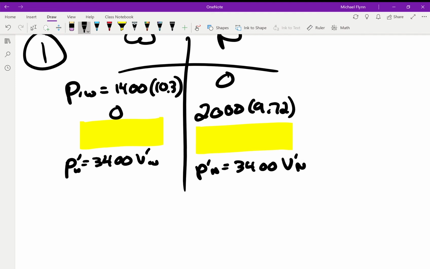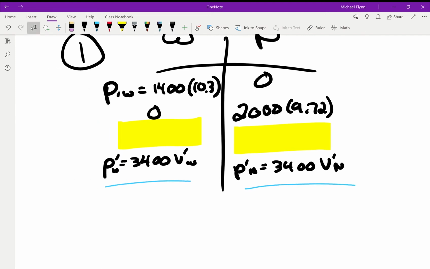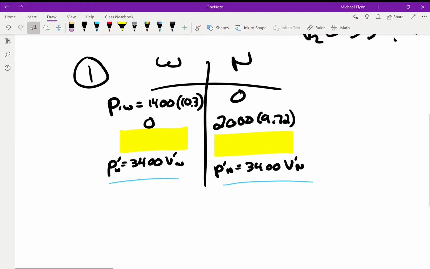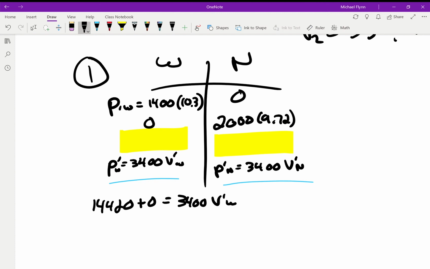Once we've done this, we're going to use our conservation of momentum to figure out the final answers. So 1,400 times 10.3 is 14,420, plus 0 equals 3,400 V prime west.